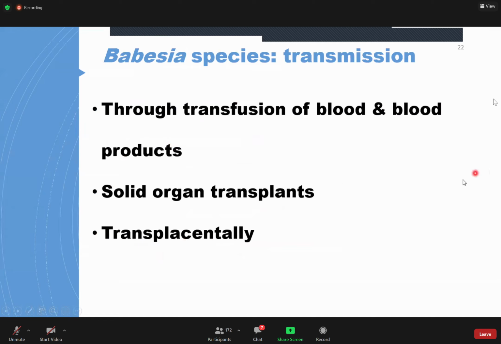So apart from the bite of the vector, you can also have Babesia species infection acquired through transfusion of blood and blood products, through organ transplant. The donated organ may have the infective form, or a pregnant woman can transmit it to the baby.